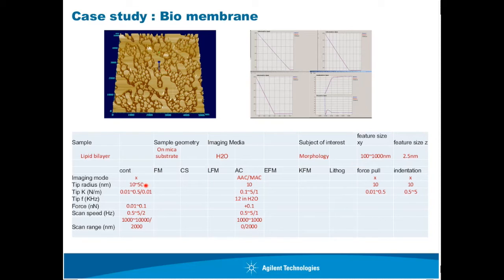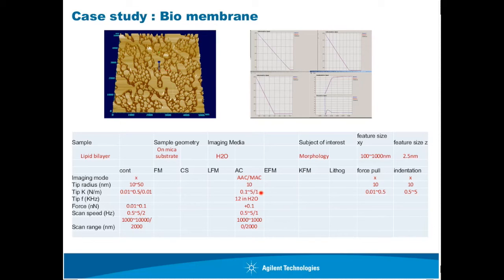I don't suggest using a sharp tip. The reason is simple: a sharp tip can penetrate the membrane with a little bit of force. So you need to use a dull tip, and a force constant as small as possible. It actually works over a wide range. Scan speed is normal, size is normal. AC mode can work equally well. Again, I suggest using the dull tip, and because it's AC mode in liquid, you can use a relatively low spring constant tip.